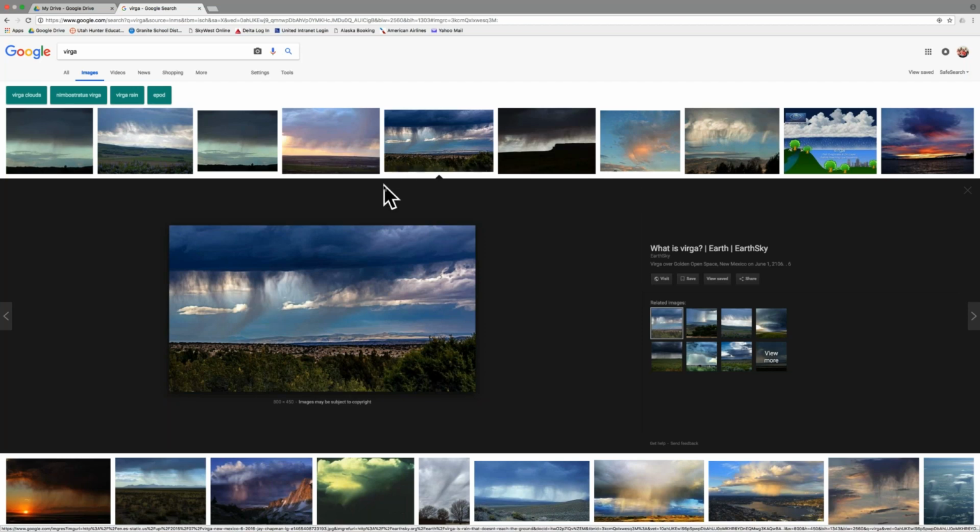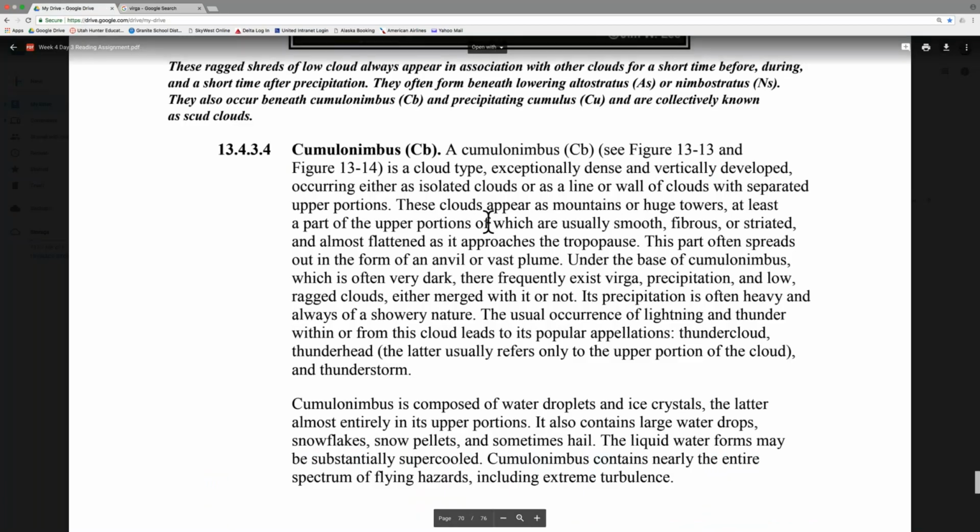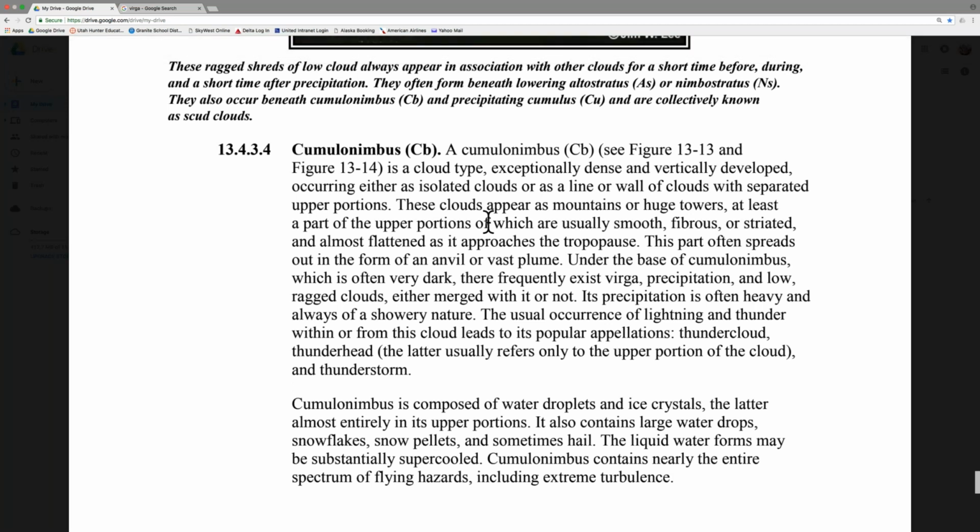What's happening is it's raining and evaporating as quickly as it's falling, rain that's not reaching the ground, basically. The evaporation is occurring too quickly. But we see that quite often under those cumulonimbus clouds.